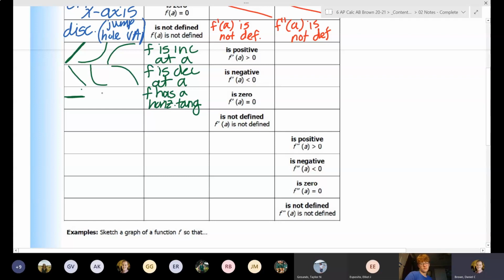You might have something like a quadratic. Whether it's facing up or down, you have a horizontal tangent where it changes direction. You can also have a horizontal tangent in the middle of a function, where it might be flat for an instant and then be increasing or decreasing. Without any information, we don't know what's happening around that value, but we just know at that value, there is going to be a horizontal tangent.